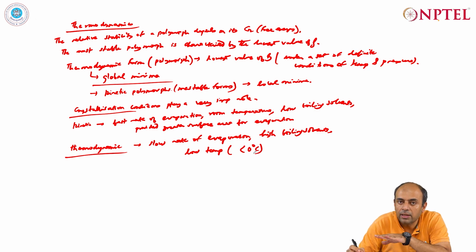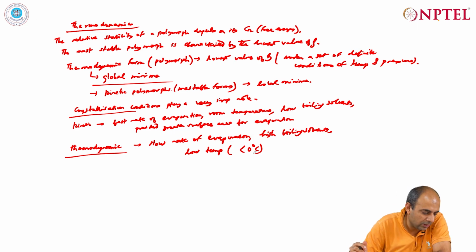You can do it between say -5 to 0 degrees, or you can also do it between 0 to 4 degrees. The idea is to decrease the rate of evaporation of the solvent, so that you are able to get the optimal size crystals. So these conditions of crystallization are very important.